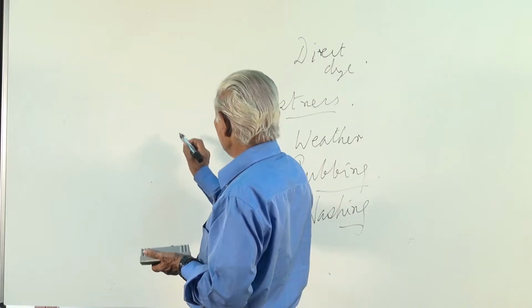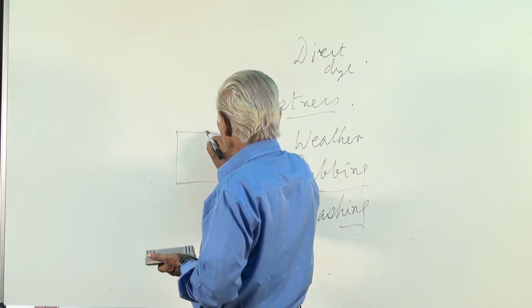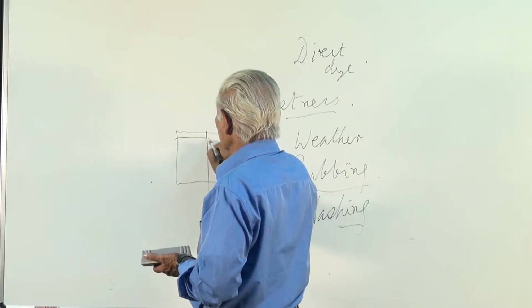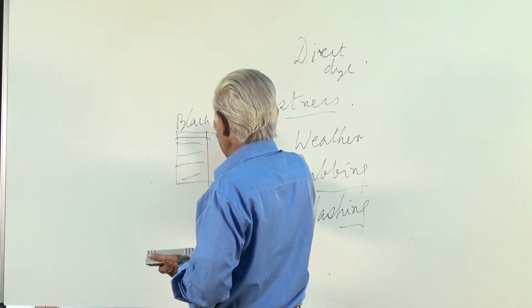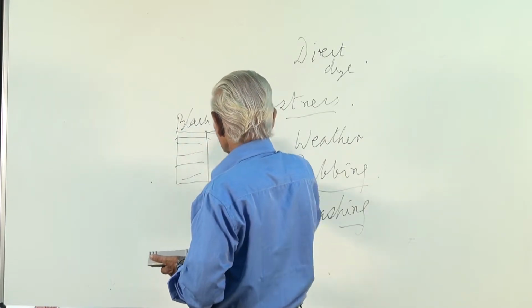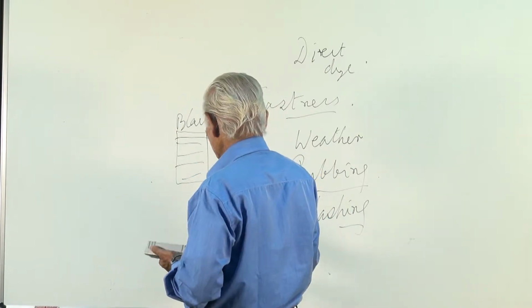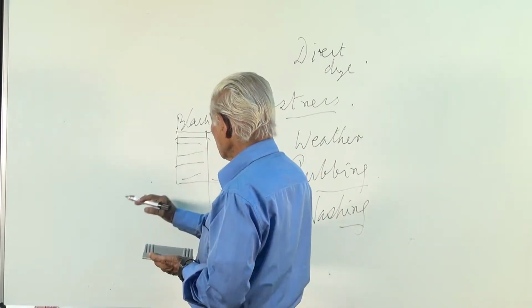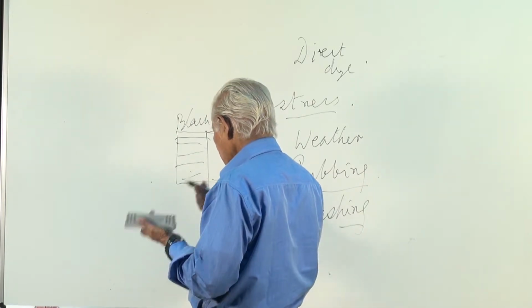In a very simple way. First we take the material which is dyed. One half of it is covered with a black paper. The other half is exposed to the sun for a week. And after exposure to the atmosphere for a week, this is removed and then both the shaded parts are compared.